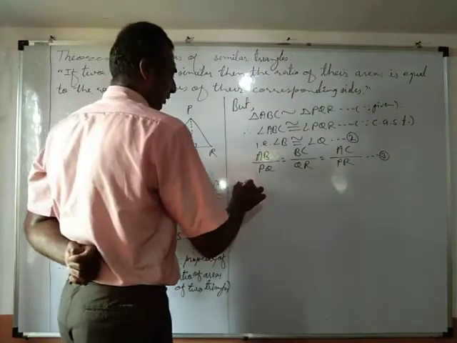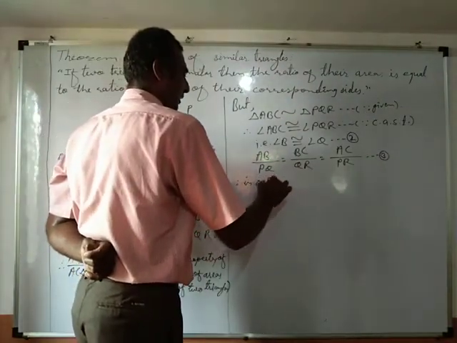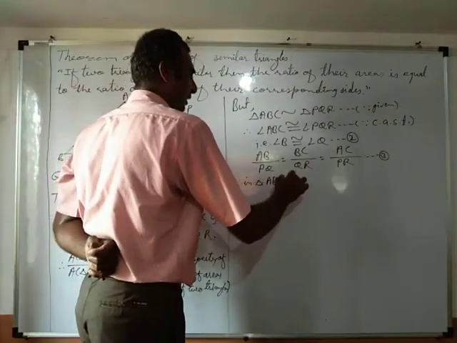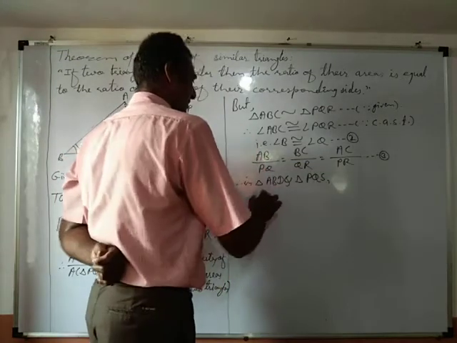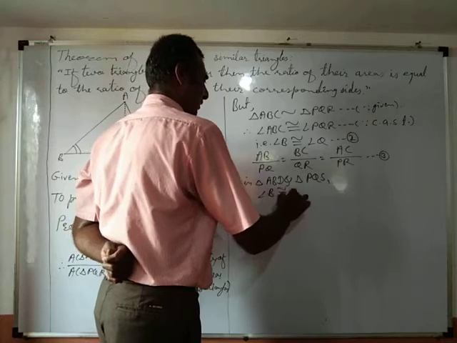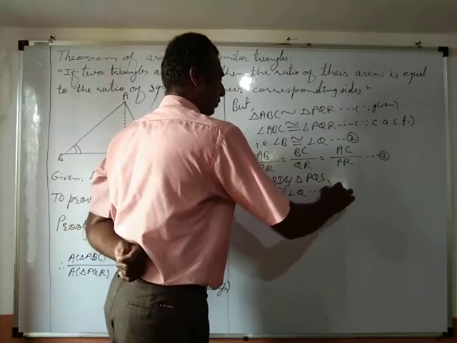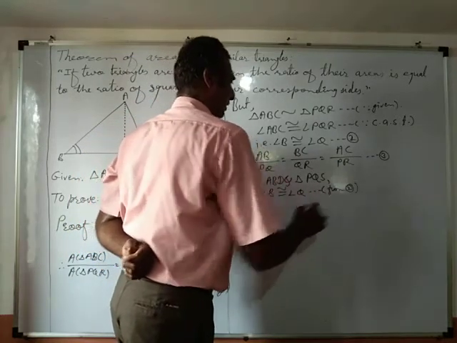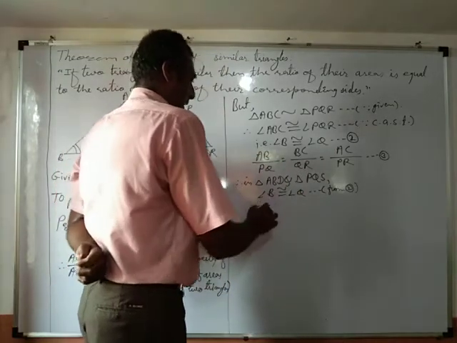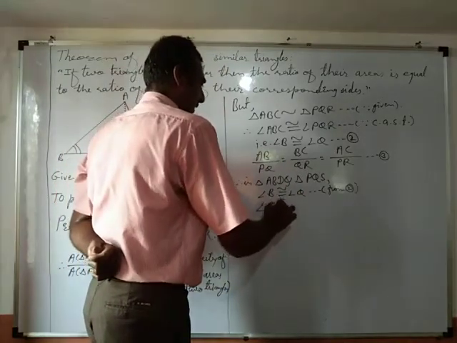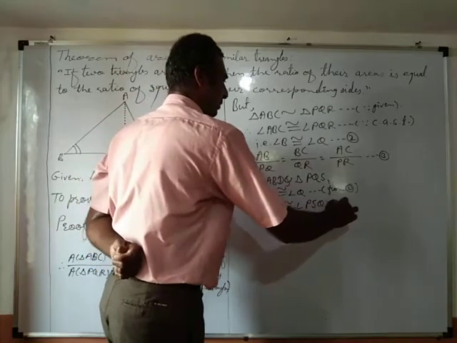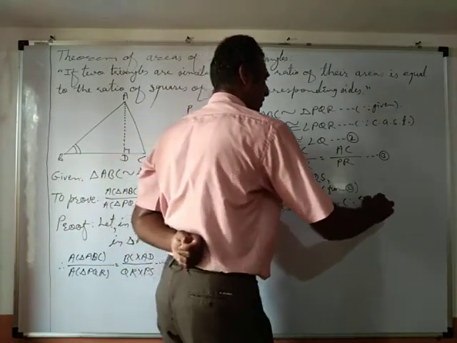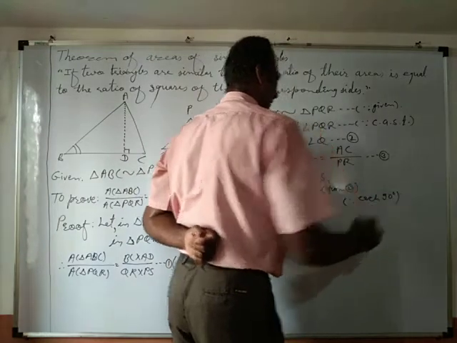And therefore, in triangle ABD and triangle PQS, we may say angle B is congruent with angle Q, from second. Angle ADB is congruent to angle PSQ, since each is 90 degrees.